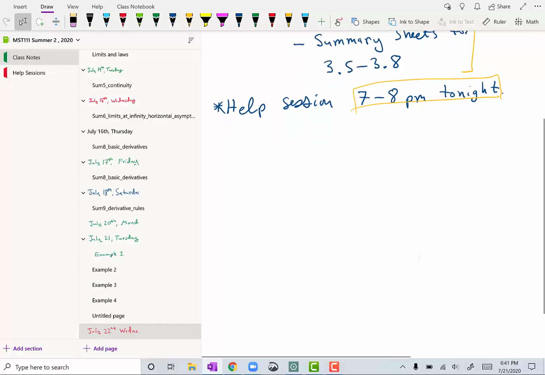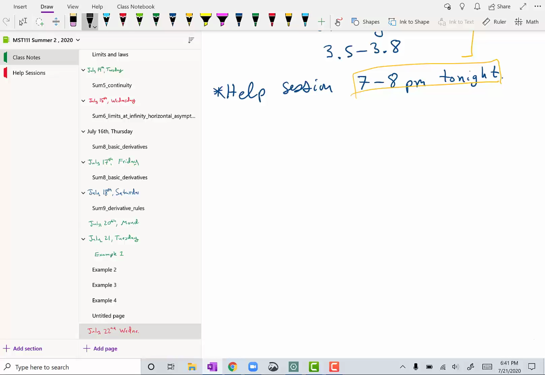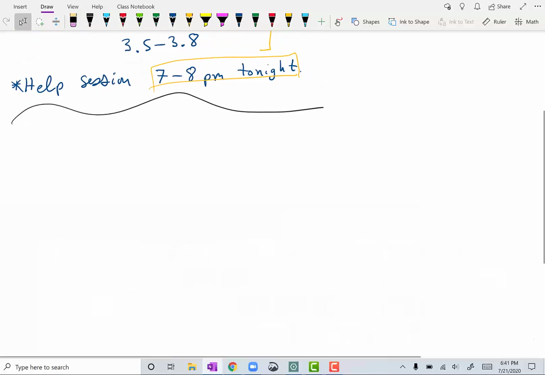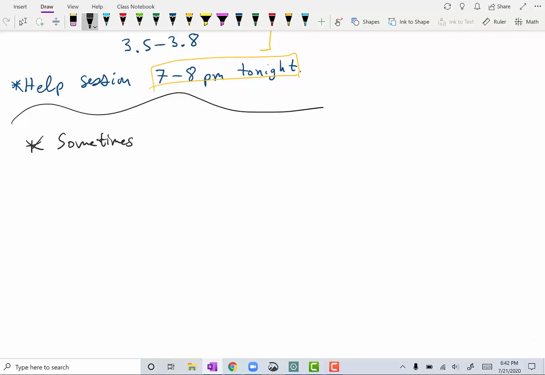So if you watch the Khan Academy videos, the essential idea boils down to this. Sometimes we have a function that has maybe a very complicated or hard to compute formula.